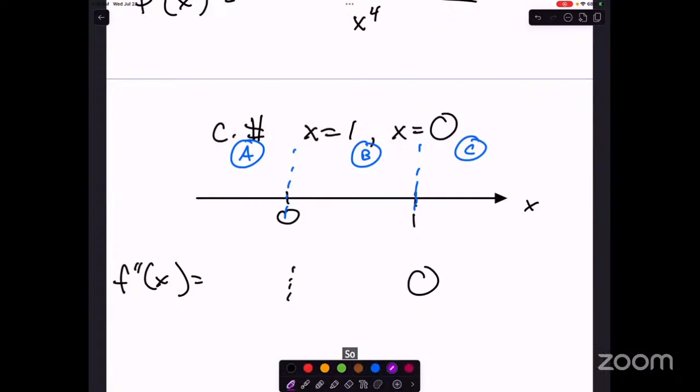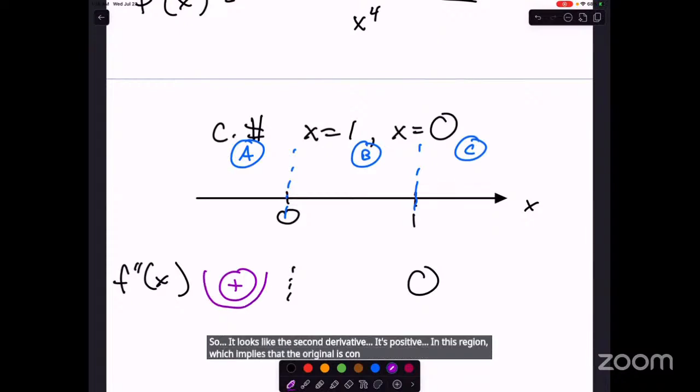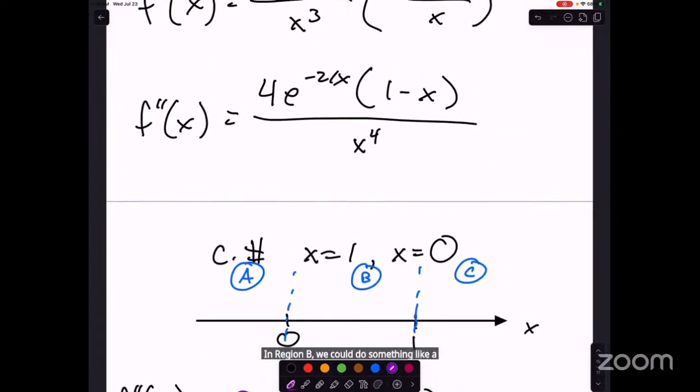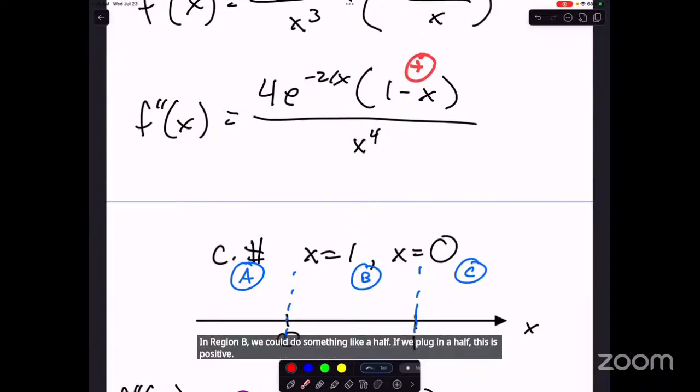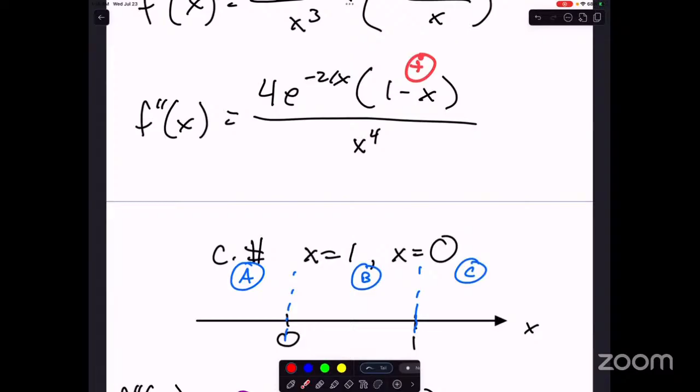So it looks like the second derivative is positive in this region, which implies that the original is concave up. In region B, we could do something like a half. If we plug in a half, this is positive. This is positive. And this is positive.